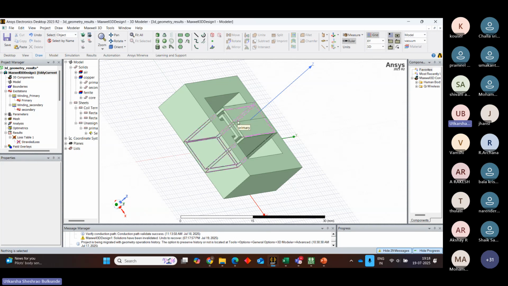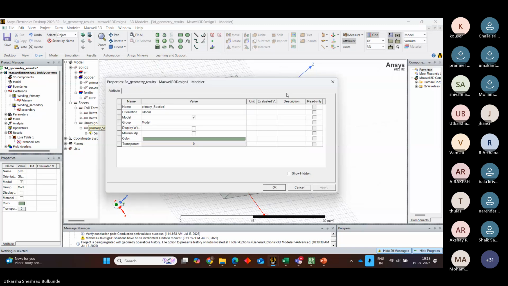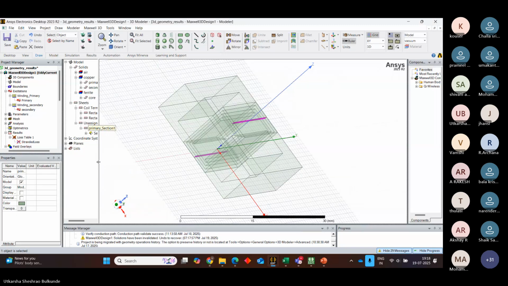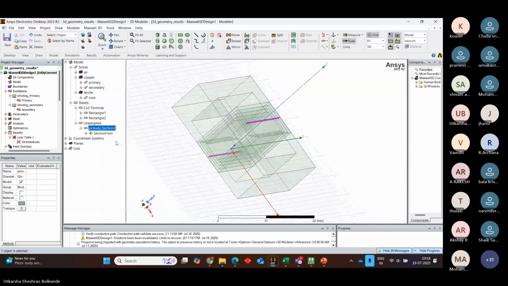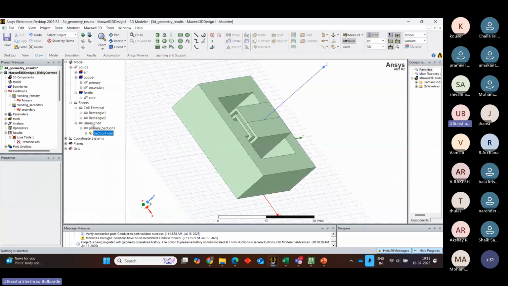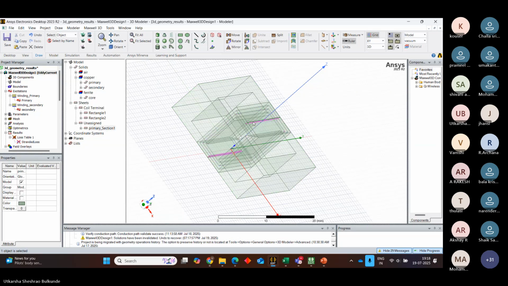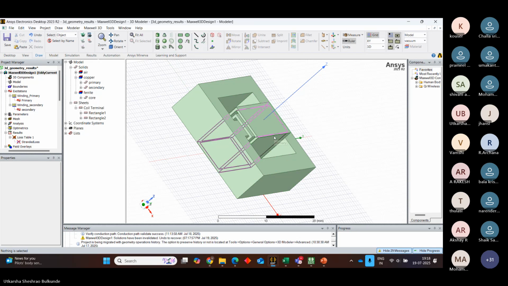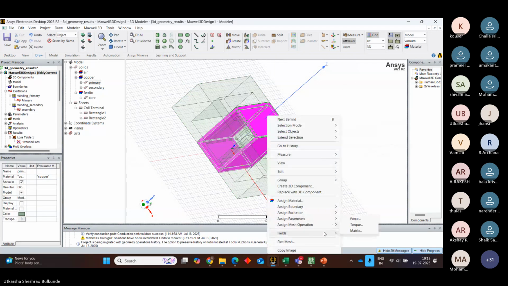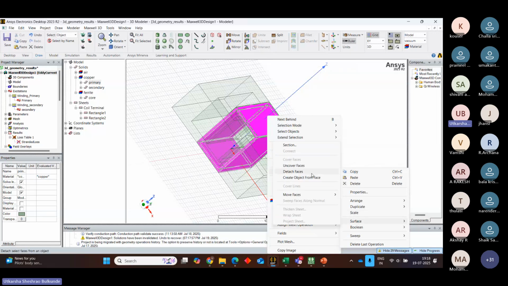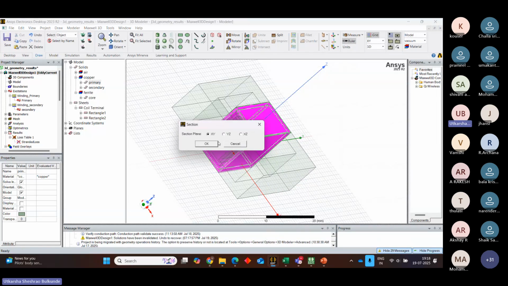Will not be fine. It will X and Z, right? Where is surface section X and Z?